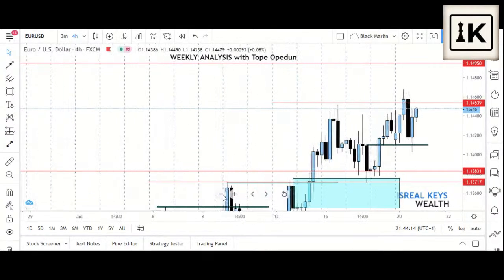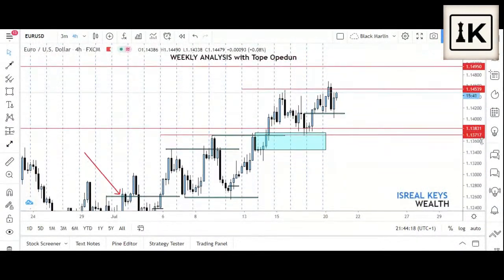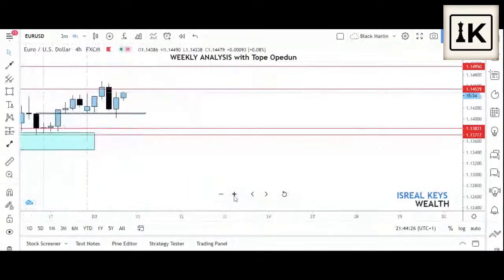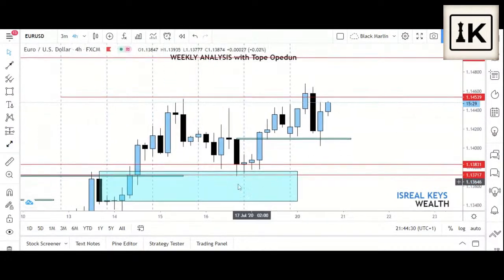If you've caught this trade, if you're still in it, keep holding. It is a beautiful, beautiful setup. I mean, if I'm being extra finicky, I could say this is another setup. Look at this low.